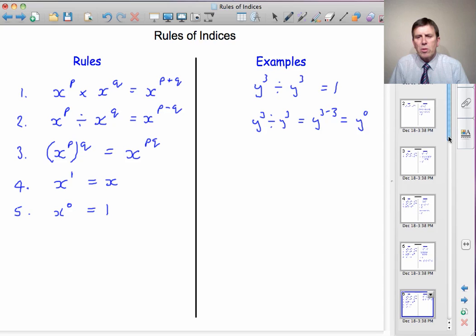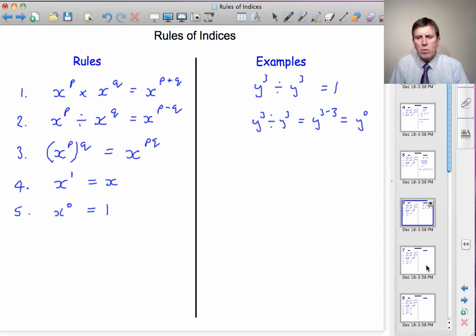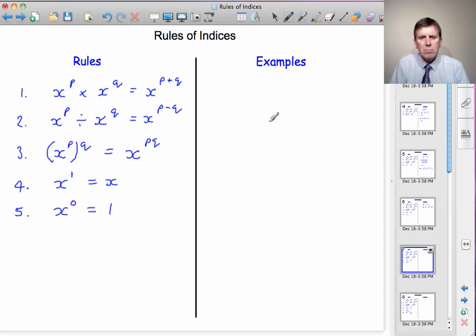Let's move on now to obtain our sixth rule. Let's consider y to the power 3 divided by y to the power 5. I'll write it out in full to start with.